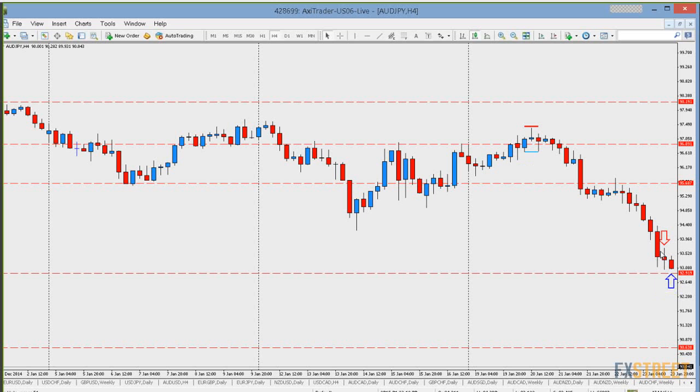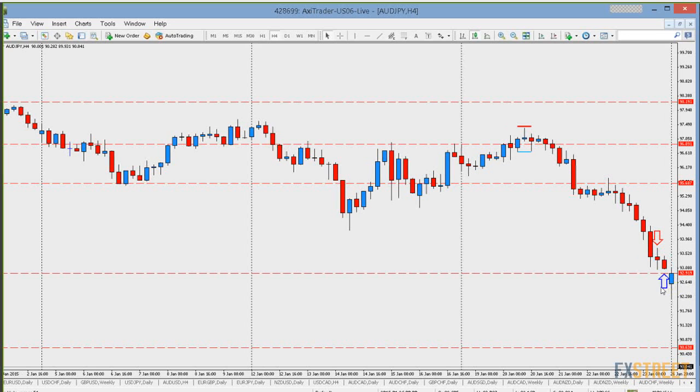Now, if you think about it, this little wicky candle that's kind of a neutral candle has a higher high than the next candle marked with the blue arrow, and it has a lower low. So we actually have an inside candle here, don't we? This candle is inside of the mother candle that's marked with red. So the candle marked with the red arrow is the mother candle, and the candle marked with the blue arrow is the inside candle. So all we need is a pogo, right?